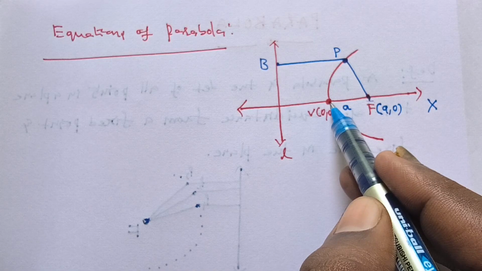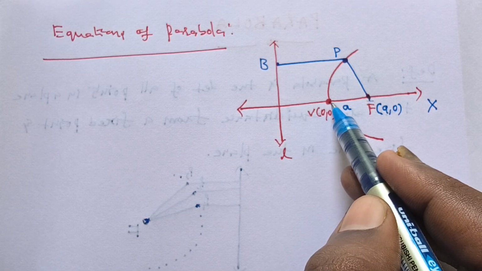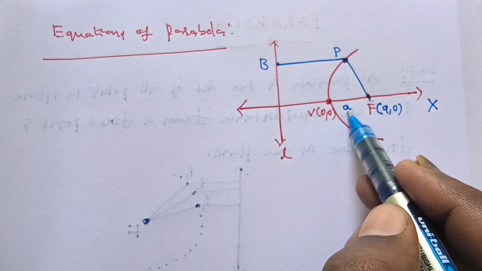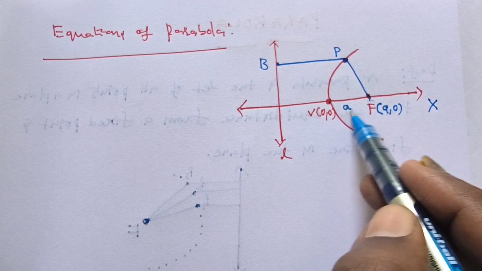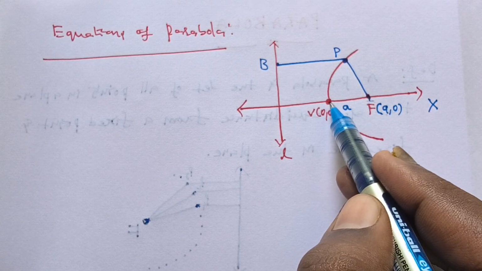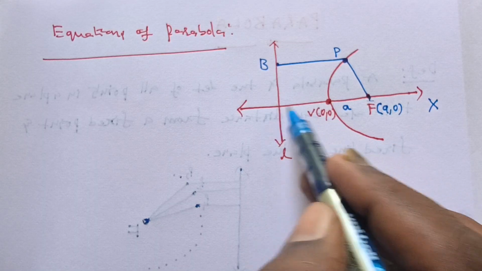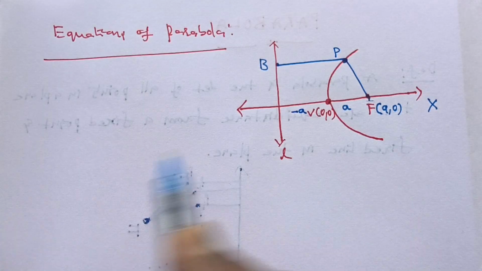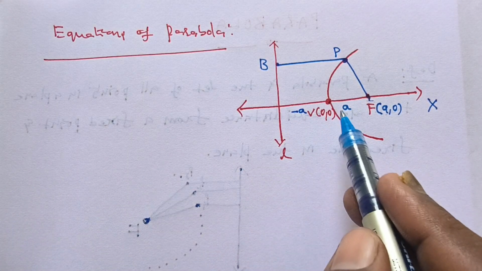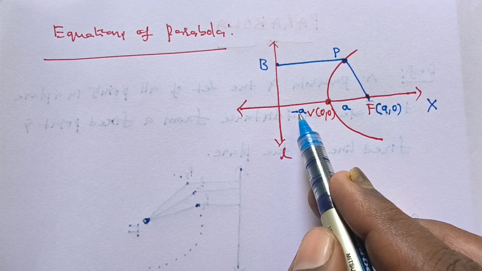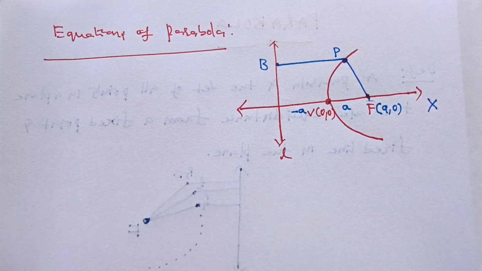Okay, so this is the origin. From the origin to F there are A units, which is to the right side of the origin. We indicate it as positive. The left side of the origin is indicated as negative. The distance from the origin to this line is minus A units because it is to the left side of the origin. To the left side of the origin we assume all values as negative, and to the right side all values as positive.